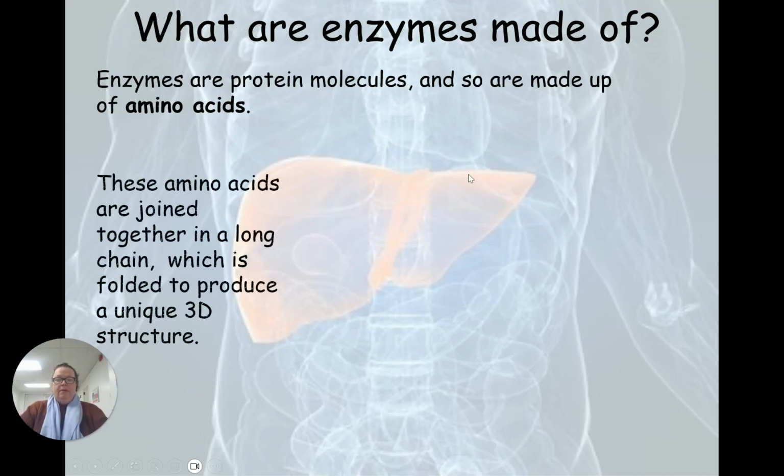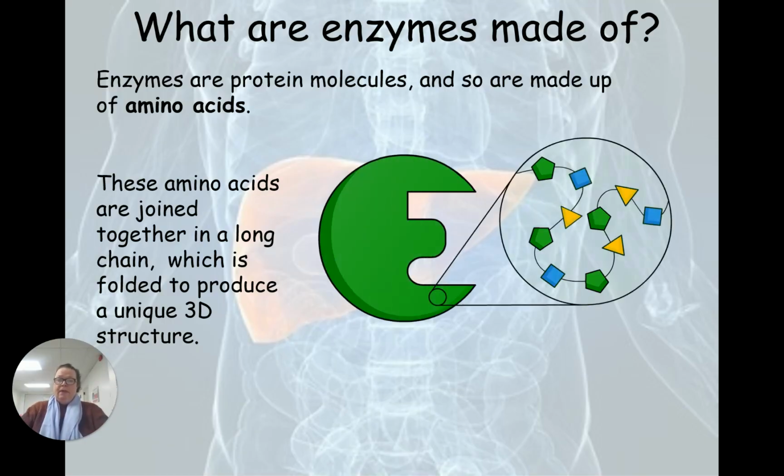Now, if we look a little bit closer, those long chains of amino acids are folded into a particular structure to make a particular enzyme. So here we've got our chain, and then this is representing our enzyme. Now obviously they don't look like this in real life, but this is a representation of these folded up amino acid chains into this protein.